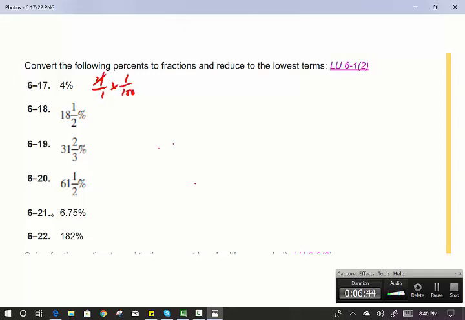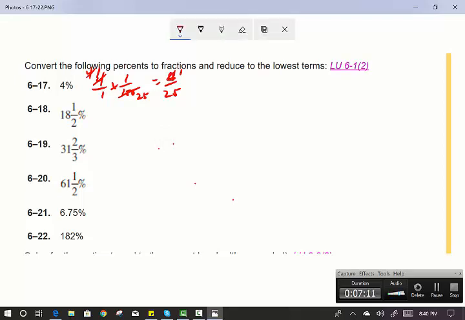Okay, 4 will go into itself one time, and 4 into 100 will go 25 times. So that's going to equal 1/25, reduced down to lowest terms.